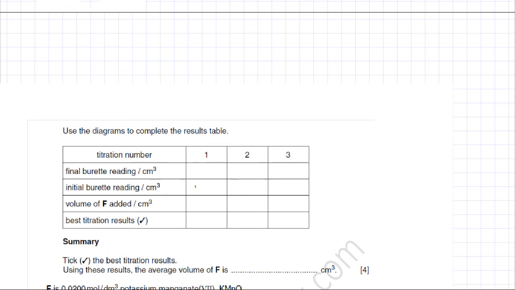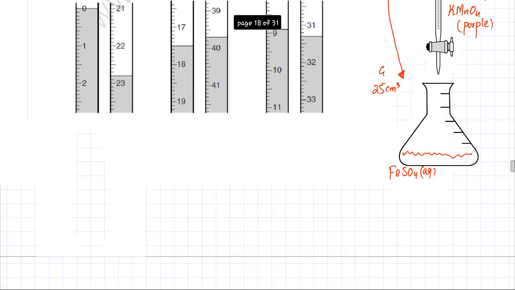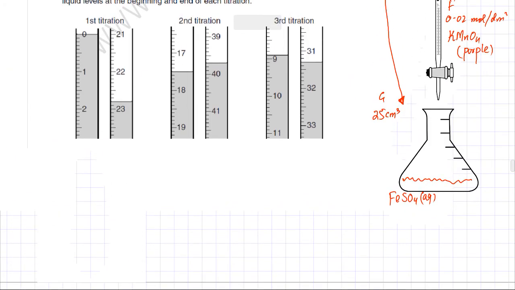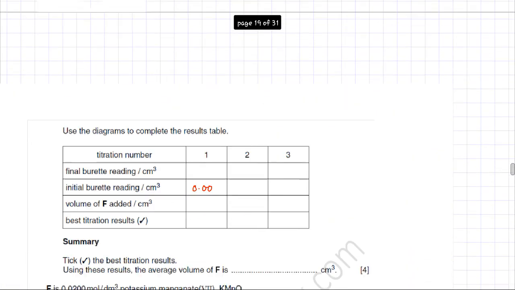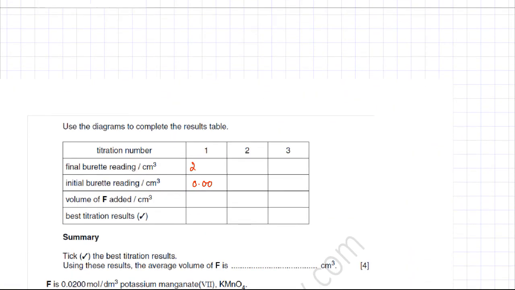The initial burette reading for the first titration was 0.00 centimeter cube, and the final reading, if we go back and have a look, is 22.80 centimeter cube. So those are the initial and final burette readings for the first titration.